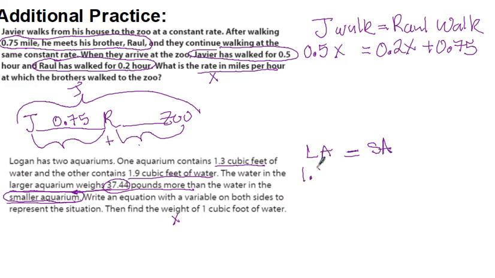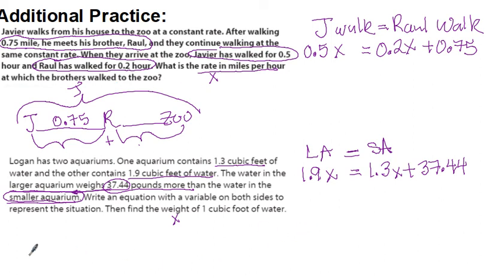So the larger aquarium is obviously the one that holds more water. So we're going to go 1 9/10 x because it holds more water. And then we're going to take the small aquarium, which is 1 3/10 x, but we're going to add the 37.44 pounds to it, so that it's the same amount of weight now, okay? So it's very similar to this situation, okay?